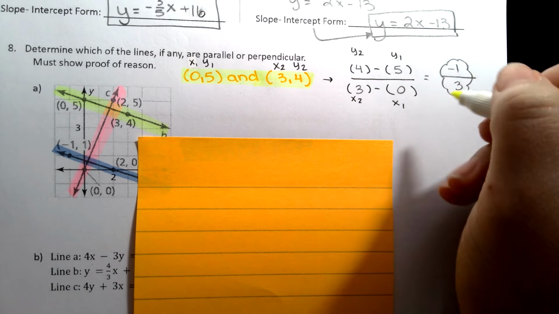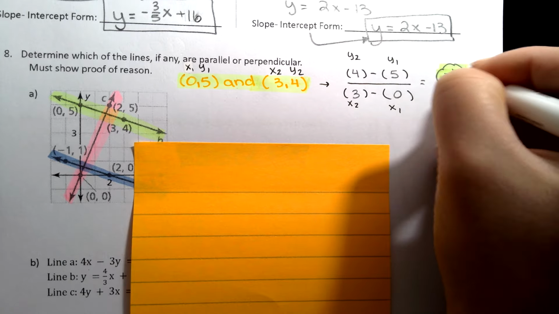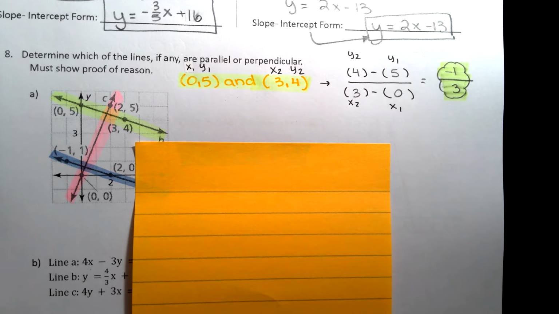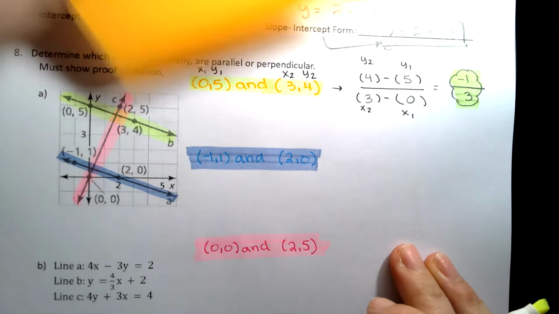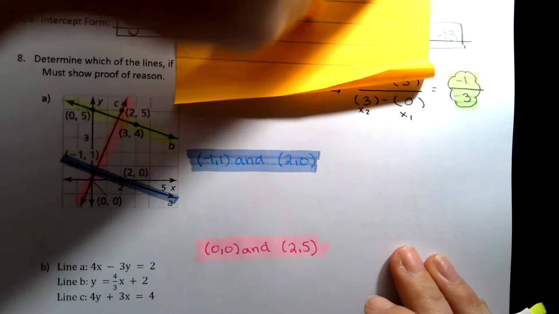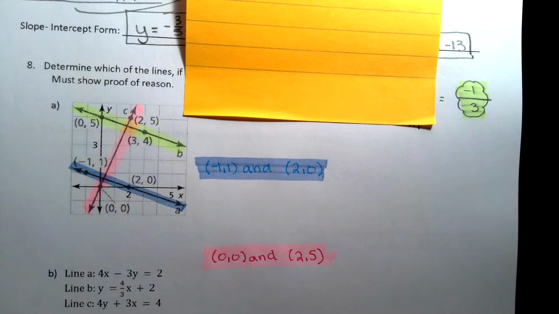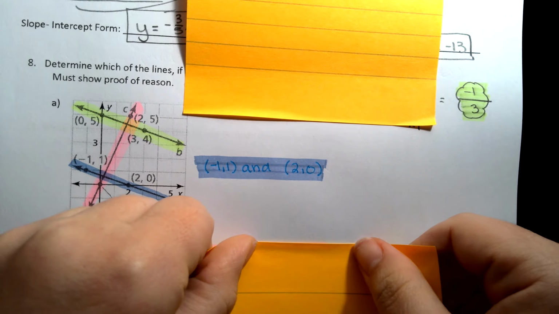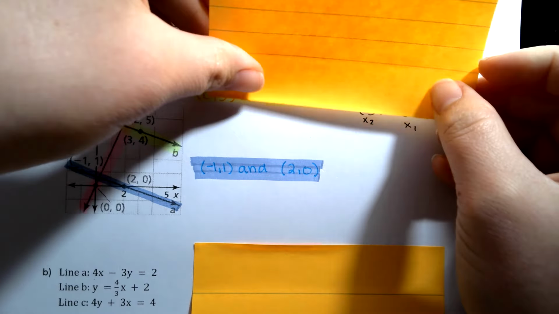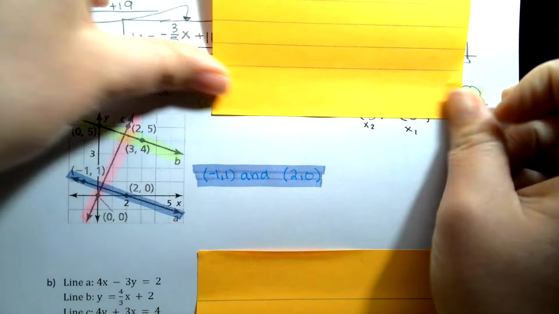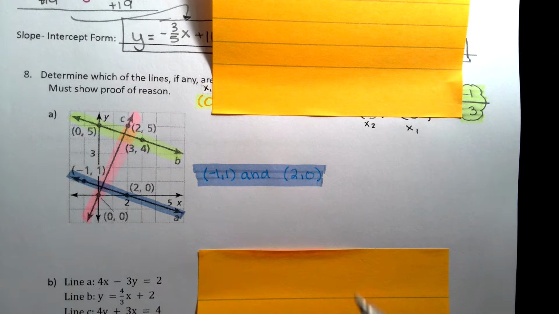I am going to highlight that so we know that this right here is the slope for our yellow line. I'm going to do the same thing now for the blue, and the same thing for the pink. So right now, our focus is going to be on that blue line. So we're going to do exactly the same thing.